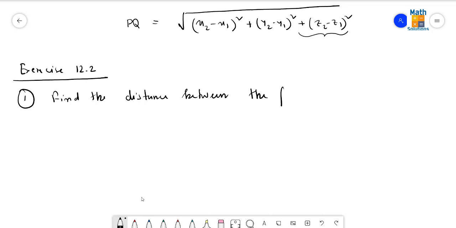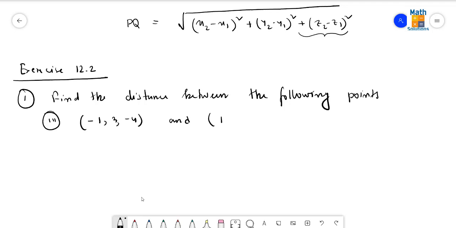Find the distance between the following points. I'm picking up the third one. All the four of question number 1 are of the same kind. Therefore, only one I'm picking up. (-1, 3, -4) is the first point. And the other one is (1, -3, 4).